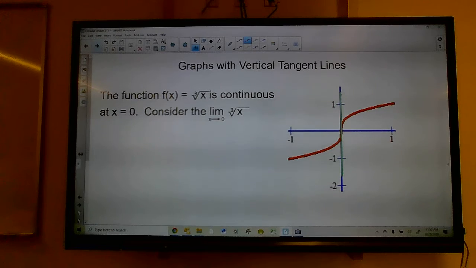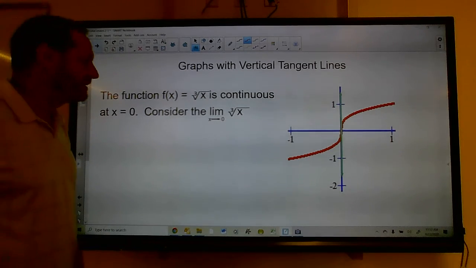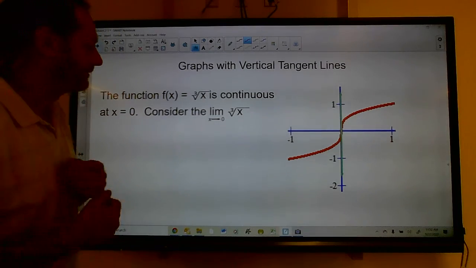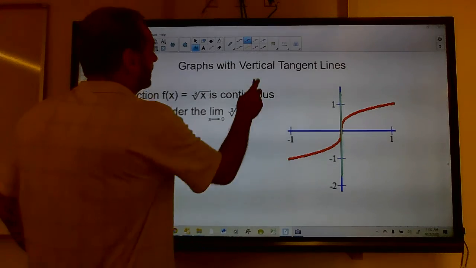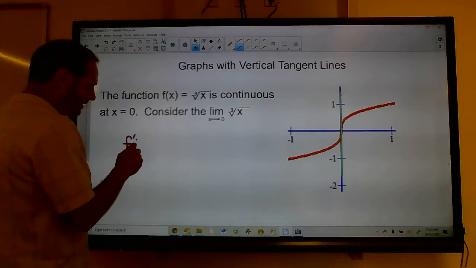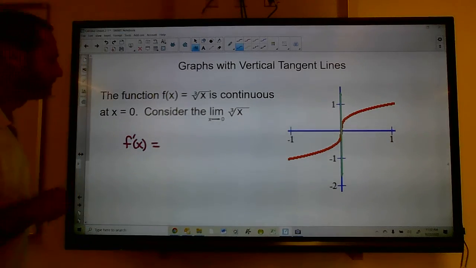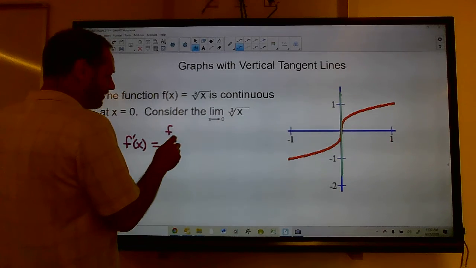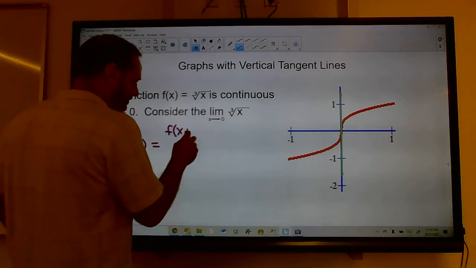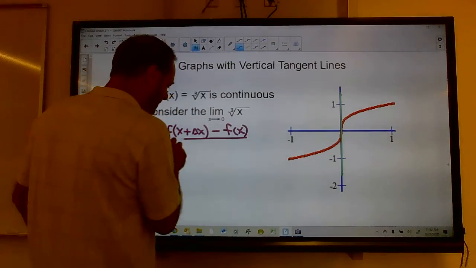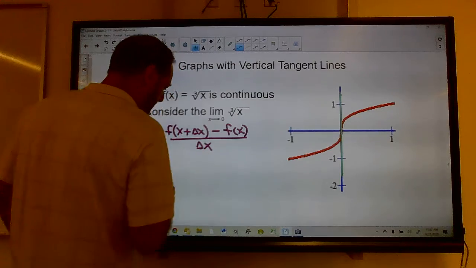Okay, the function f of x equals the cube root of x is continuous at x equals 0. Consider the limit as x goes to 0 of the cube root of x. Okay, so we want f prime of x. So that would be f of x plus delta x minus f of x all over delta x.